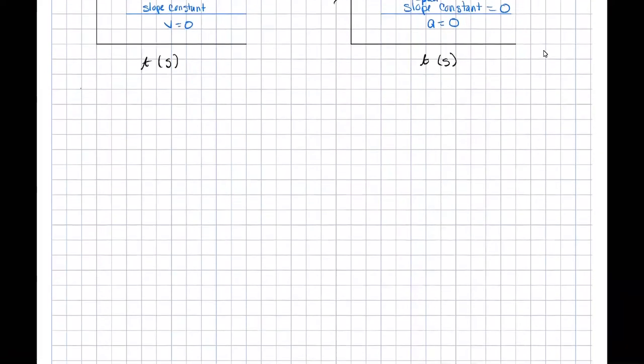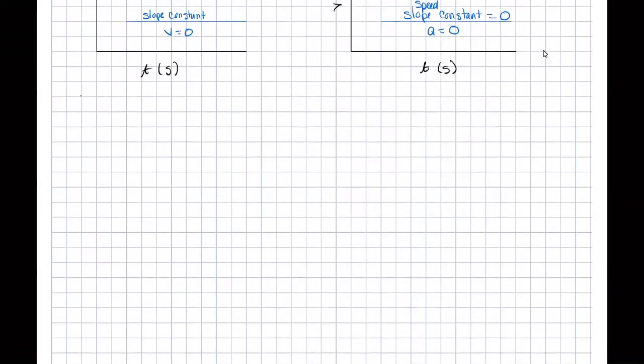On a position time graph, it's going to describe the motion of the object over a period of time.